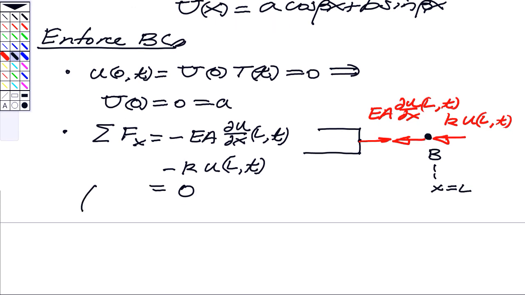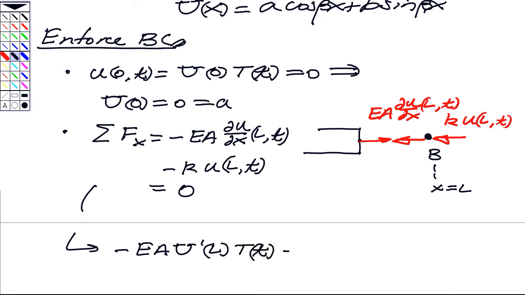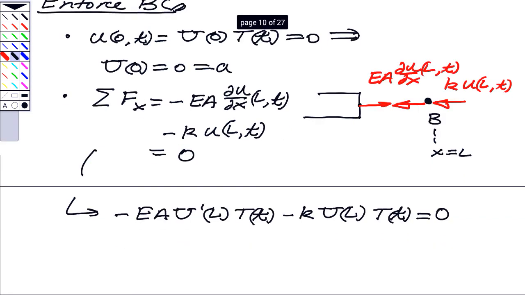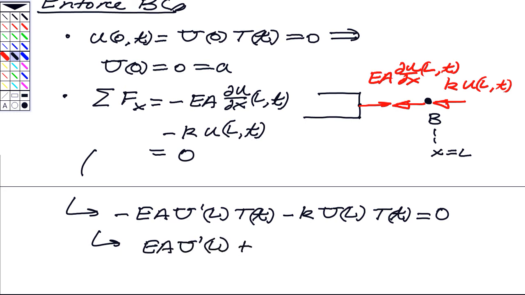So what we get from this equilibrium analysis is a boundary condition that says minus EA U prime at L, T of t, minus K U at L, T of t, is 0. In other words, I have EA U prime plus K U is 0.